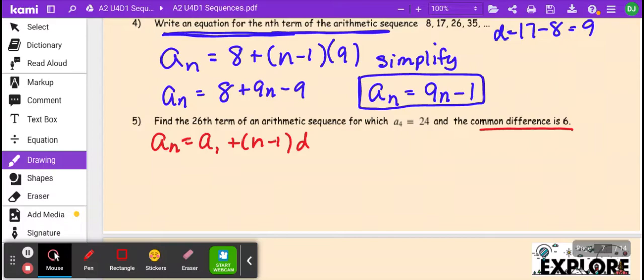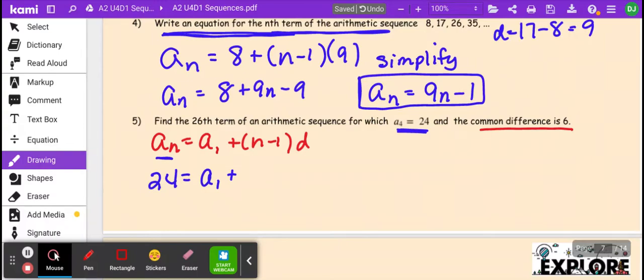So don't forget, we have a formula, right, where we can find the first term because a sub 1 is in the formula, right? So let's see how that would work, right? We're kind of working the formula backwards. So we have the fourth term. So that is our a sub n, right? We have 24. We're looking for the first term, right? But then again, remember what we have here, right?